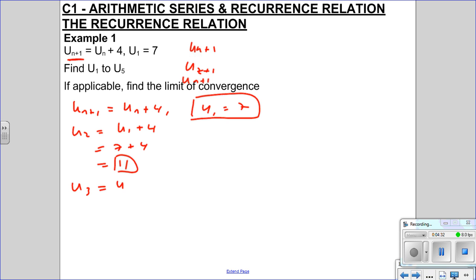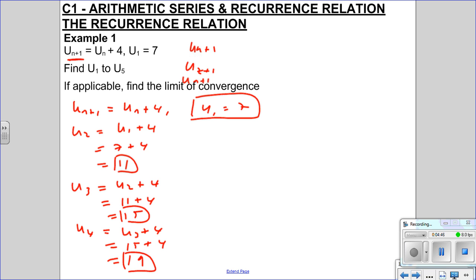U3 will be U2 plus 4, so 11 plus 4 is 15. Done. U4 will be U3 plus 4, so 15 plus 4, 19. Done. And finally U5, you guessed it, is U4 plus 4, 19 plus 4, so 23.